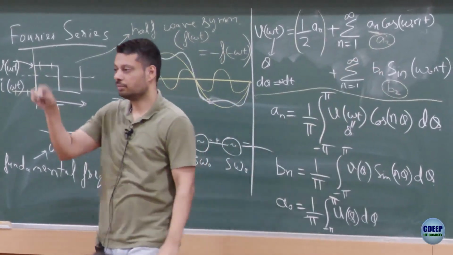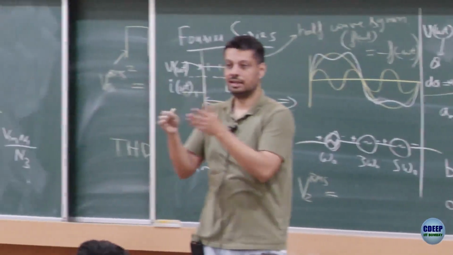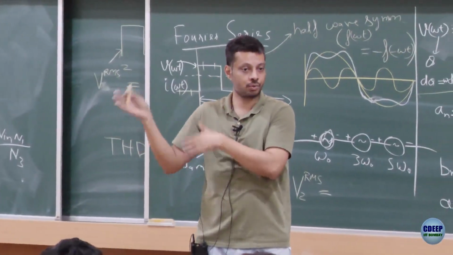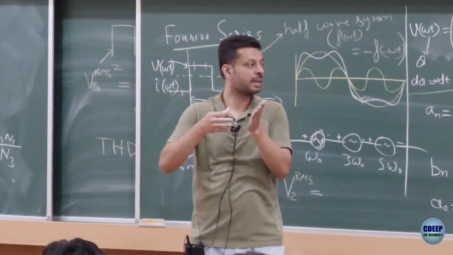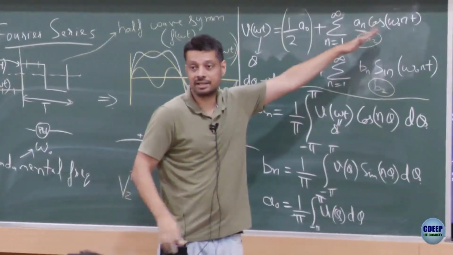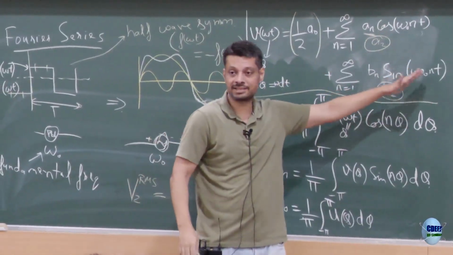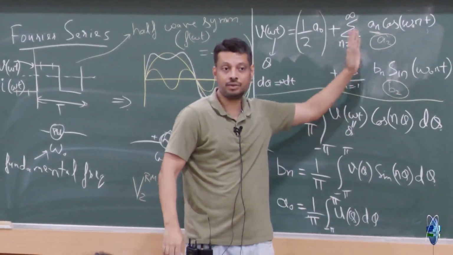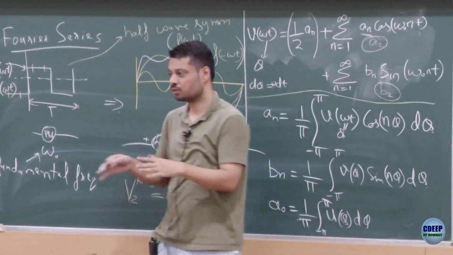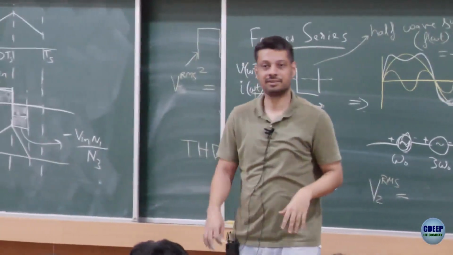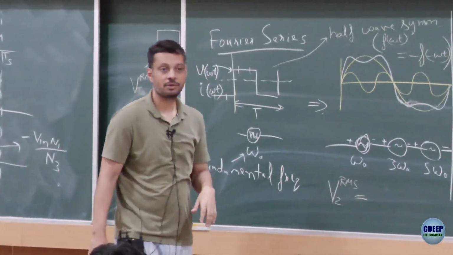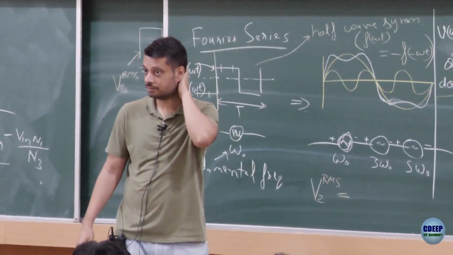You do root, mean, square: A square cos square omega t plus B square sine square something plus 2 times A into B into something. You try to solve it. What will you get?